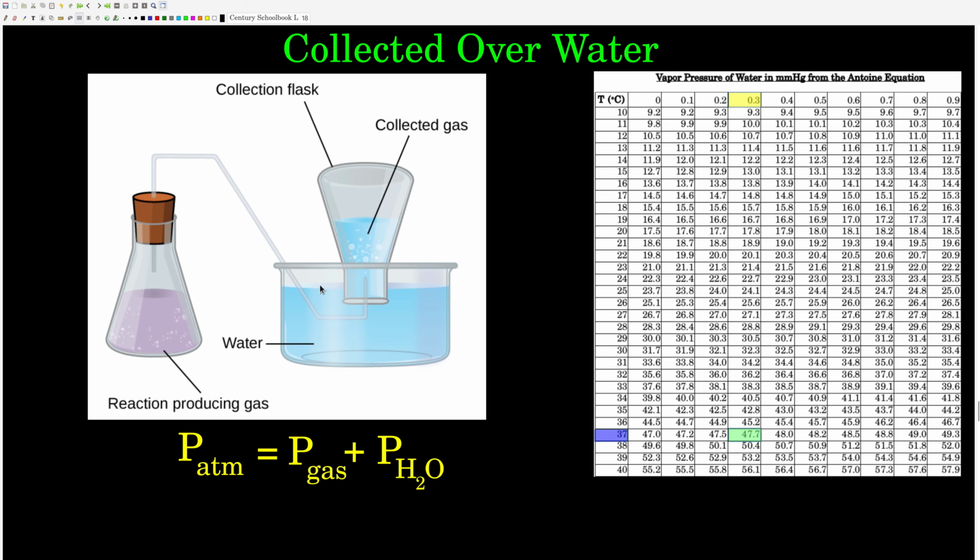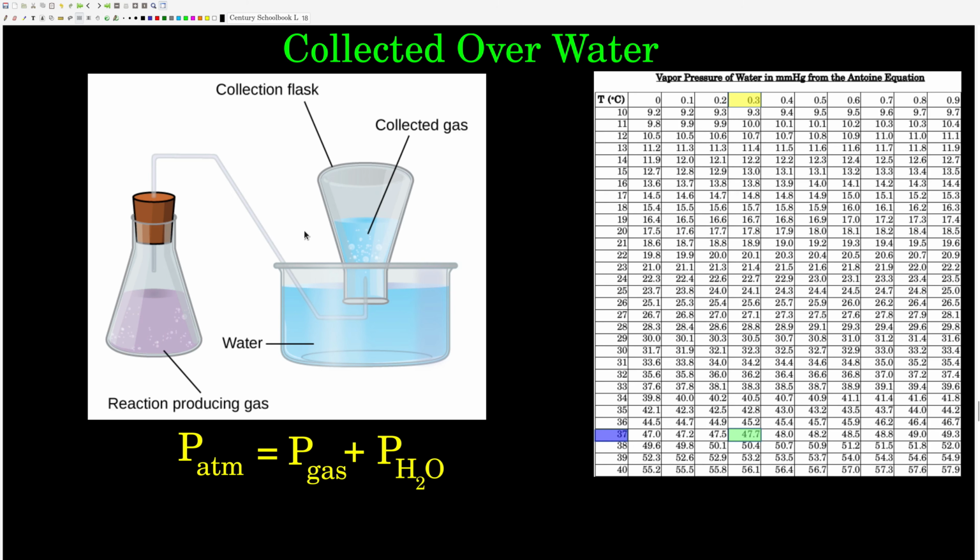Now, if at the end of the experiment we make sure the level of the water, by moving the collection flask up and down, is equal to the level of the water in the container, then we know that the pressure inside of this flask, the pressure of that gas from the chemical reaction, is equal to the atmospheric pressure, which we can measure easily just by reading a barometer.